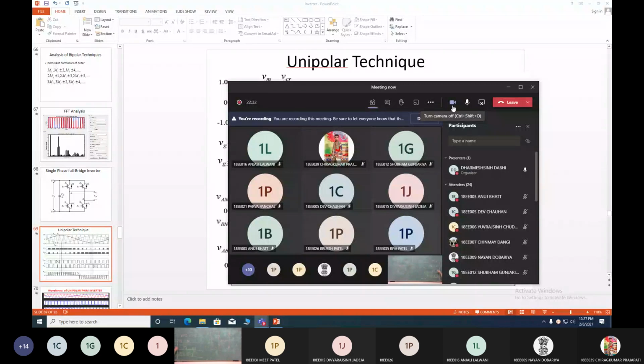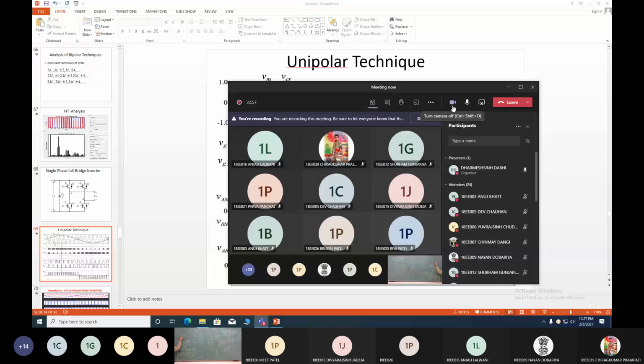So you can see that there is a common period where VG1 and VG2 are both on. Let's find out from here. VG1 is turned on, or S1 is turned on, from this point. Compare with the gate pulse of VG2, which is for switch number 2. At this point also S2 is on.